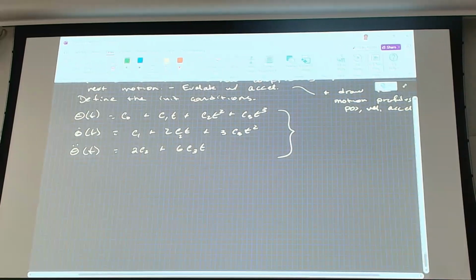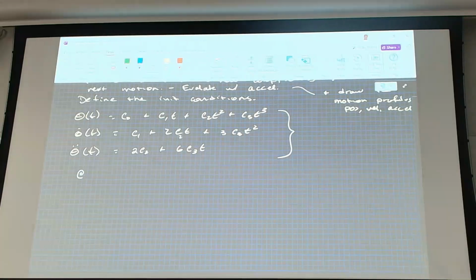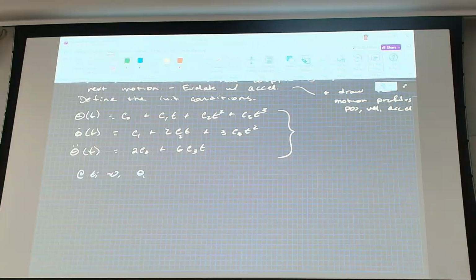All right, so again, this is now our next sequence. So at t initial equals 0, that implies that our theta initial is going to be 75 degrees. Our theta dot initial. So we moved from 30 to 75.